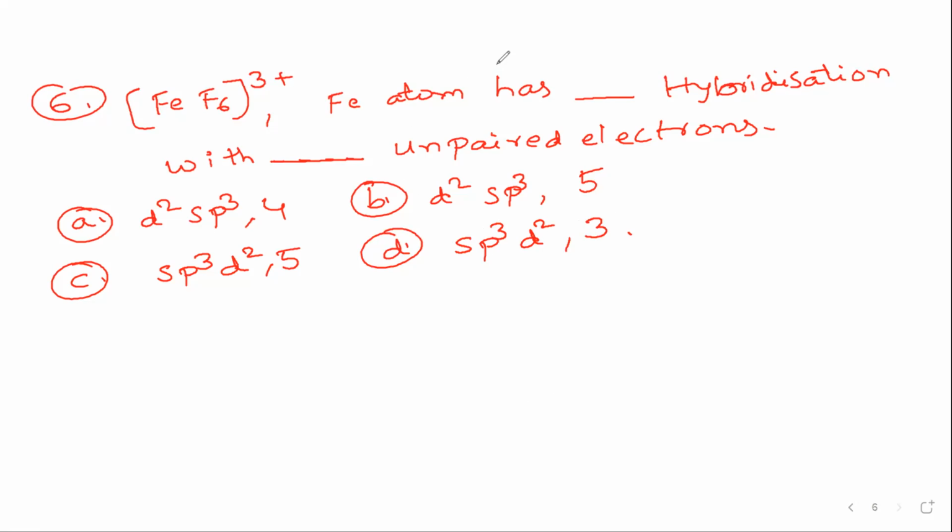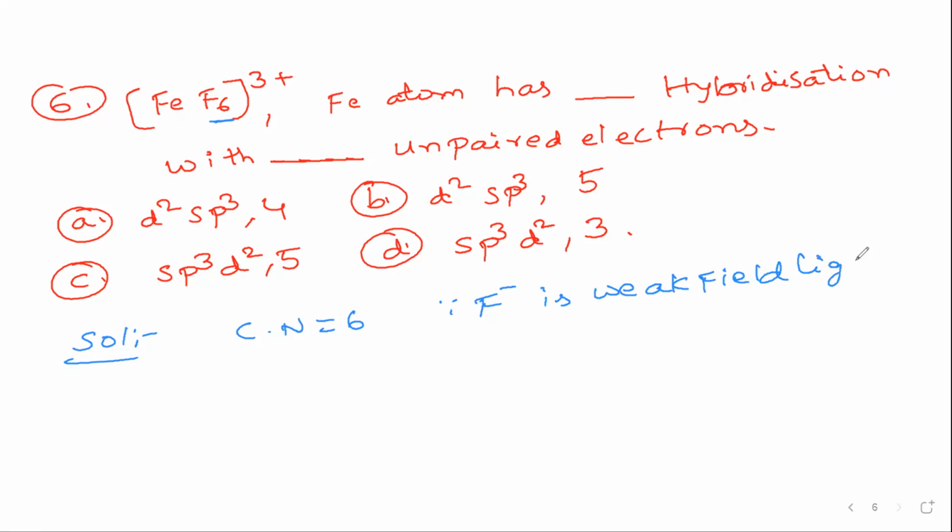Easily we can find out this answer. Solution: first we need to see whether it is d2sp3 or sp3d2. Since coordination number is equal to 6, it will have either d2sp3 or sp3d2. Since fluorine, F minus, is a weak field ligand, it will definitely undergo sp3d2 hybridization, an outer orbital complex.